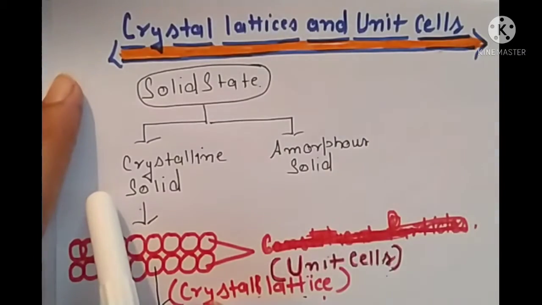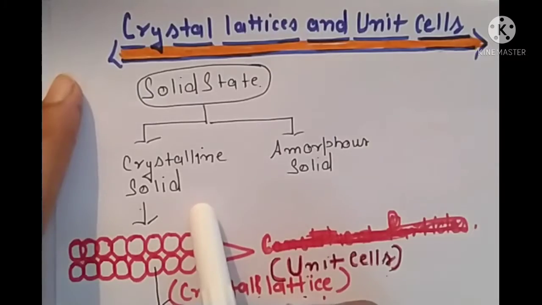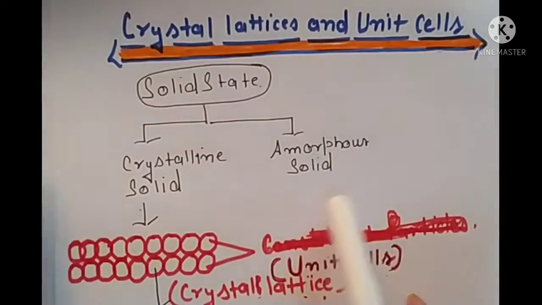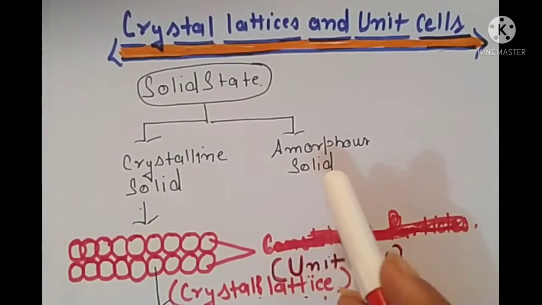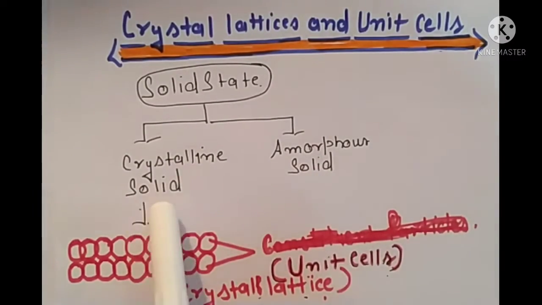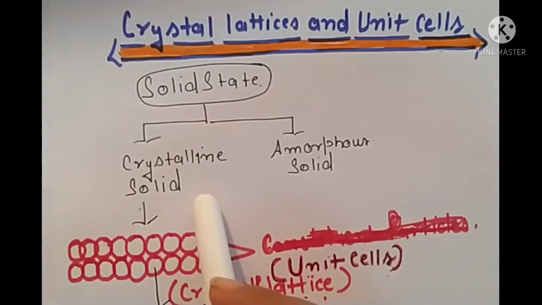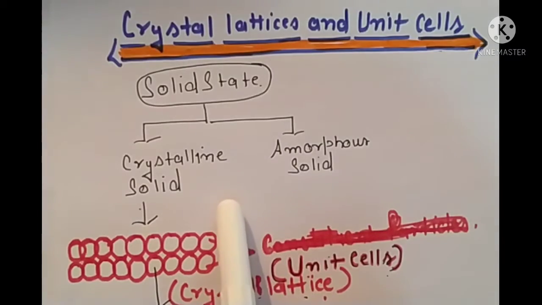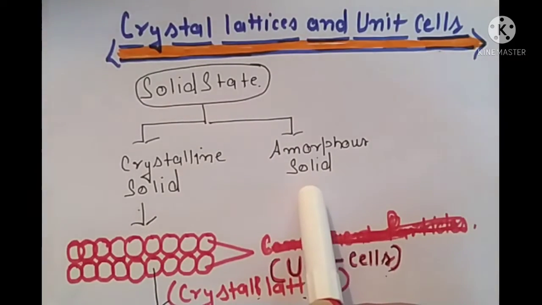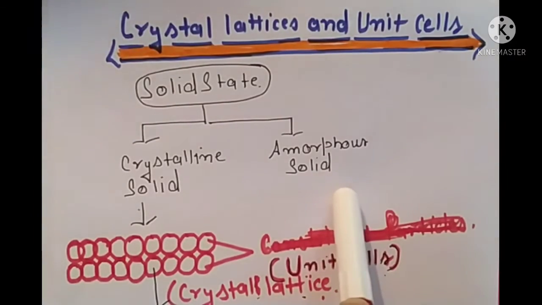In crystalline solids, you can see the regular arrangement of constituent particles, but in amorphous solids, you see the irregular arrangement of constituent particles. Examples of crystalline solids are diamond, salt and sugar, and examples of amorphous solids are glass and rubber.